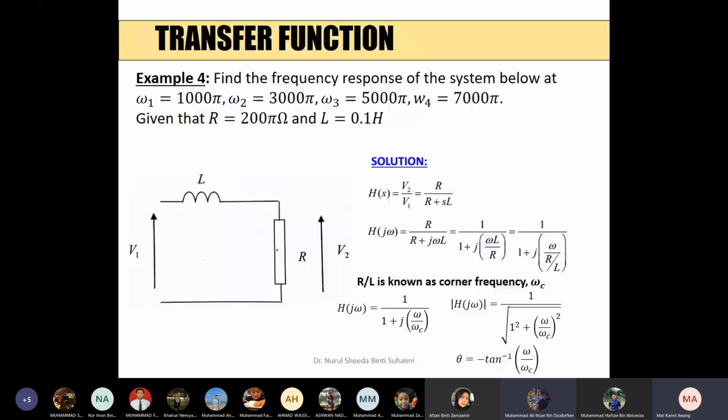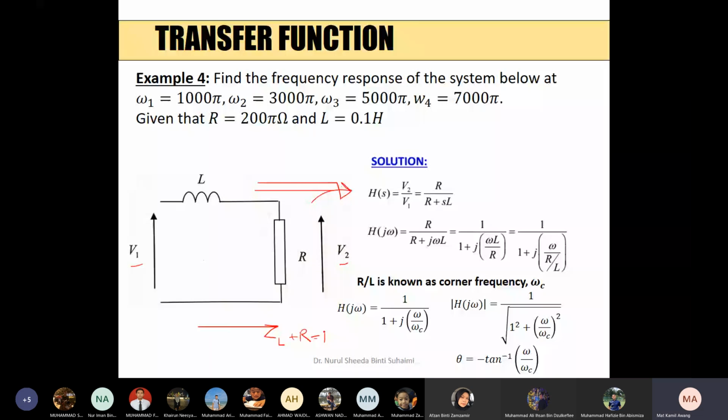The transfer function is basically the voltage divider between the resistor and the inductor. So it's V2 over V1. What is V2? ZL plus R is the Z equivalent.